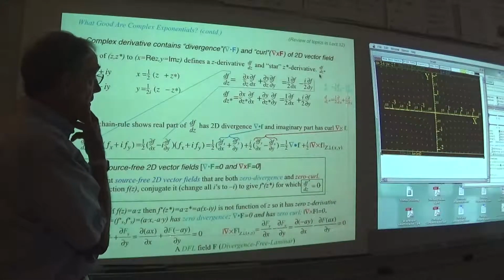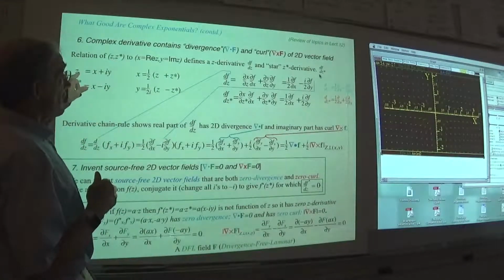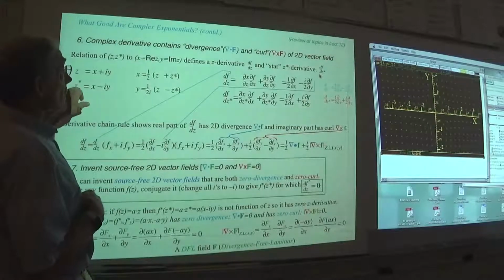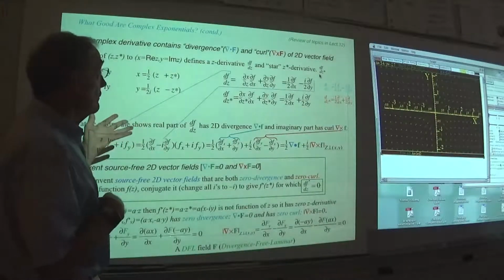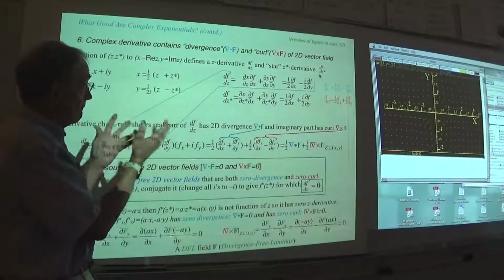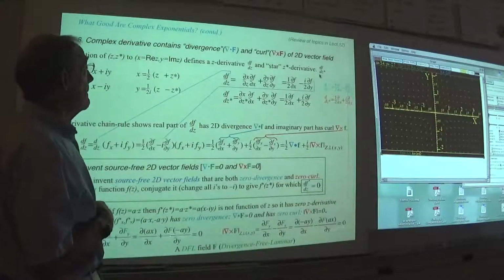The basic idea here is, first of all, that we really treat z and conjugate z as independent variables that are on the same plane, you might say, with x and y.